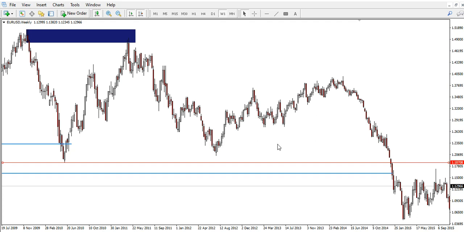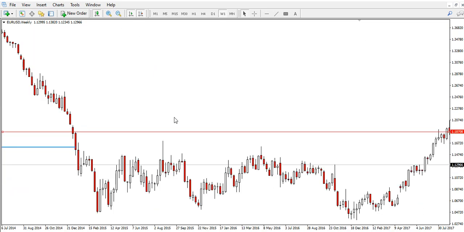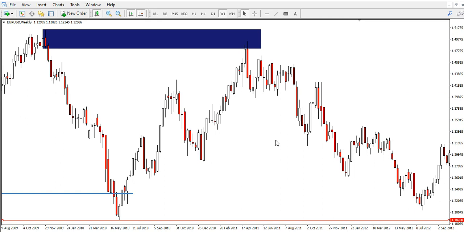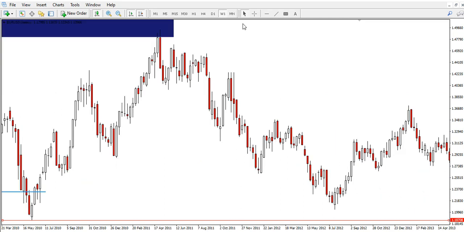Okay, so after this, let's go back here. After this, what happened? You have to forget all these. You might think that you see the break of market structure here. Yes, you see the break of market structure, and I agree with you. But where does this move come from?